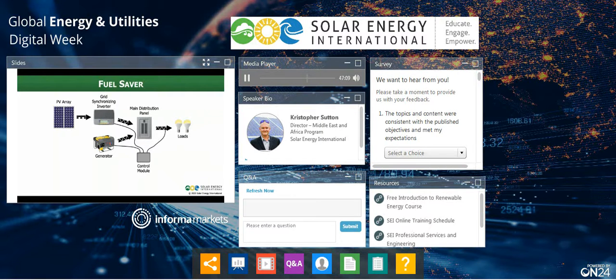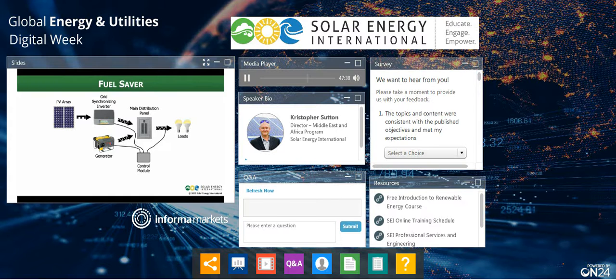So we can use a generator to create our grid, basically, and get a grid synchronizing inverter to synchronize with that generator. In order to do that, usually the generators have to be fairly large and good quality, so the voltage and frequency are stable enough for the inverter to stay online, because it has a fairly narrow window. So we want to make sure that we have a good quality generator.